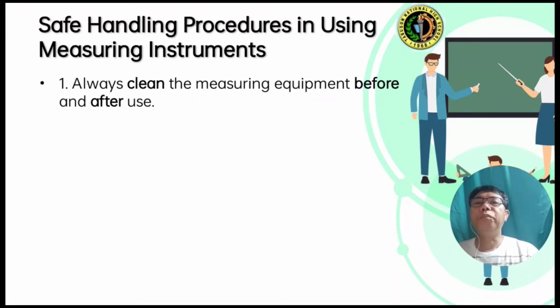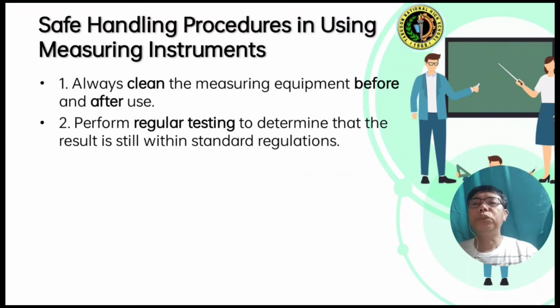Okay, for safe handling procedures in using measuring instruments, we have here, number 1, always clean the measuring equipment before and after use. Before and after, you have to clean.